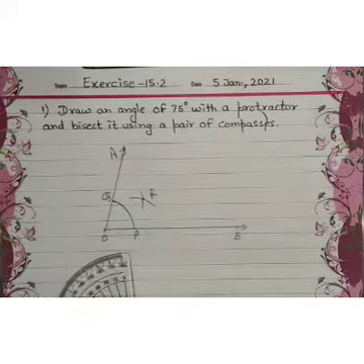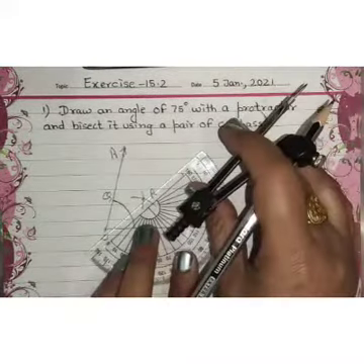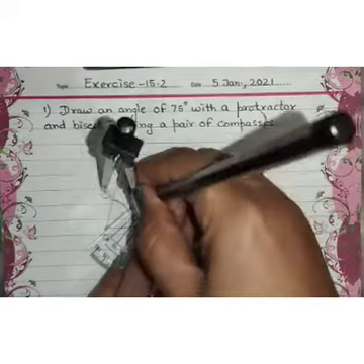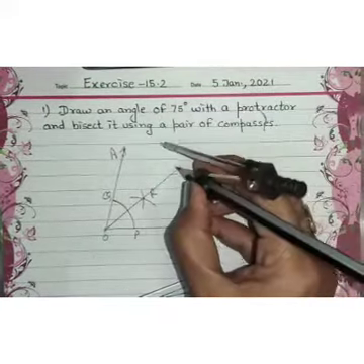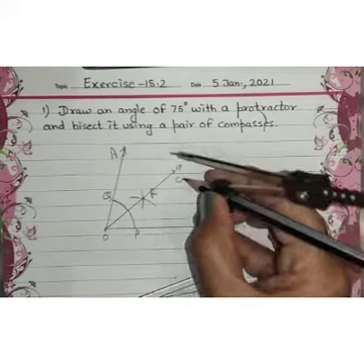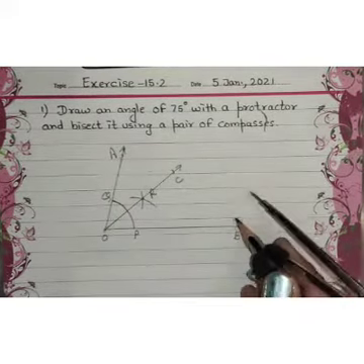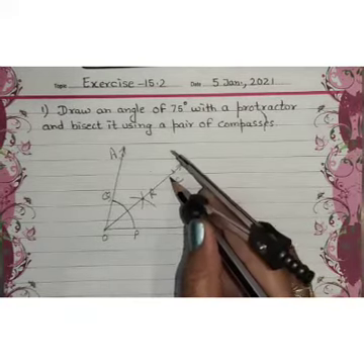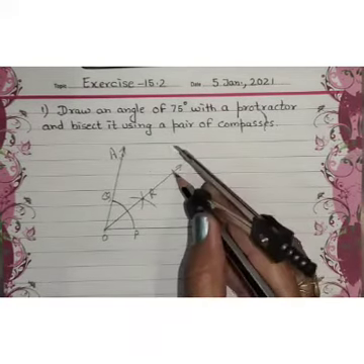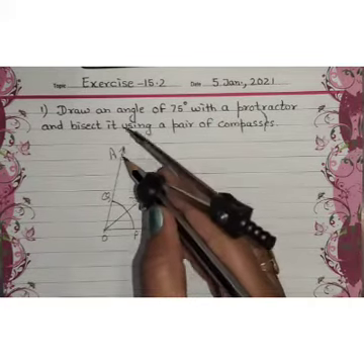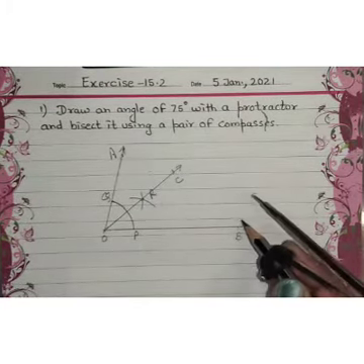Now join OR and produce it to C. Thus, OC bisects angle AOB. Angle AOC and angle BOC will be two equal parts of angle AOB.